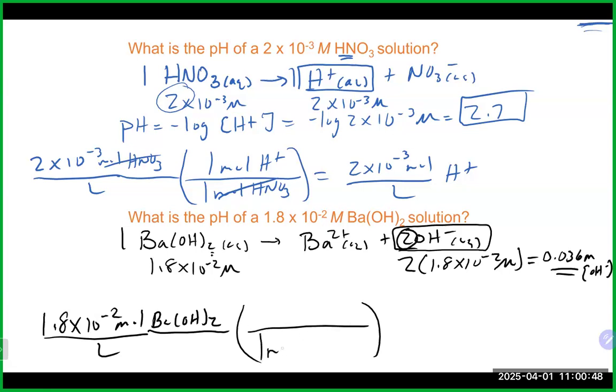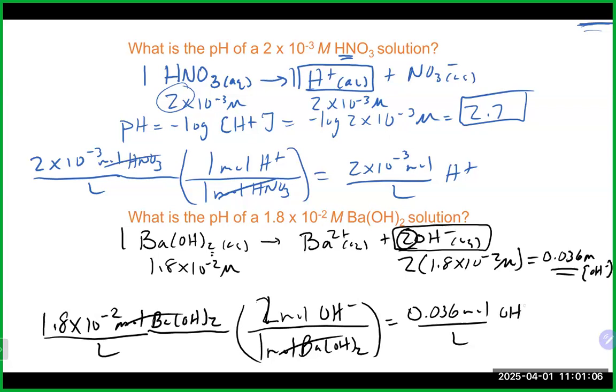For every 1 mole of barium hydroxide, you get 2 moles of OH minus, and that's going to cross those guys out, giving you our 0.036 moles per liter of hydroxide in this case. So if something doesn't break apart into a 1-to-1 relationship, you basically can quickly just multiply the molarity by the coefficient, and it will give you the right one. So if you have something broke apart into 1 to 3, you would multiply the molarity by 3.